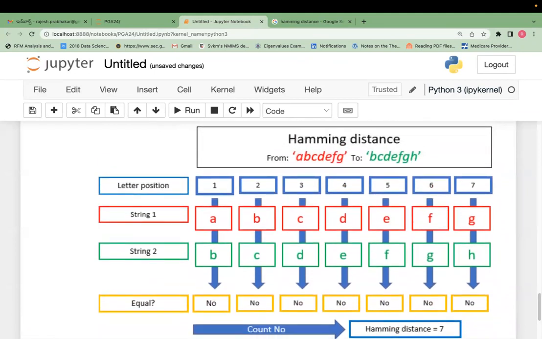So this is the formula of Hamming distance. If both the strings are the same, it will be 0. If they are different, it will be taken as 1, and the sum of those differences will be taken as your distance. Here the distance is 7.